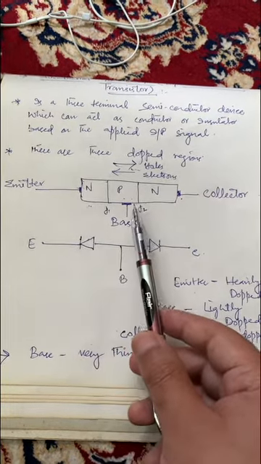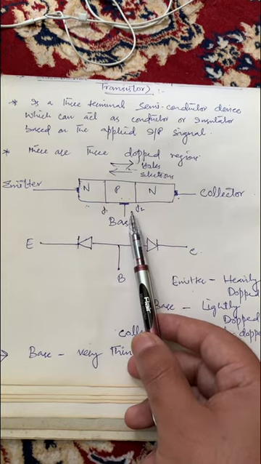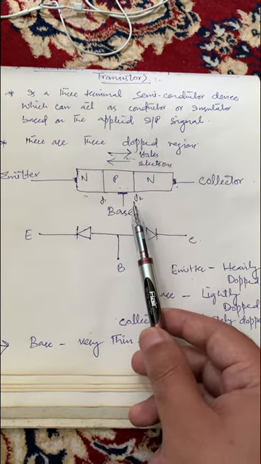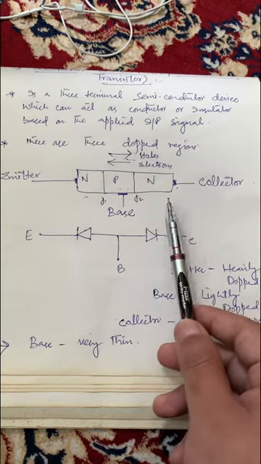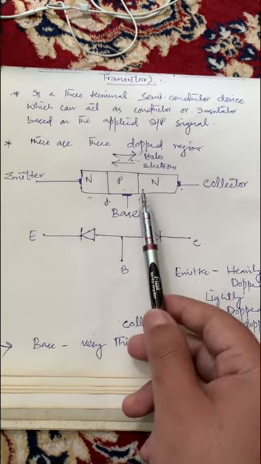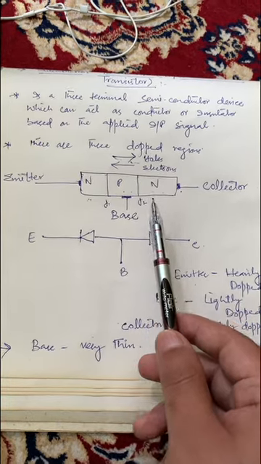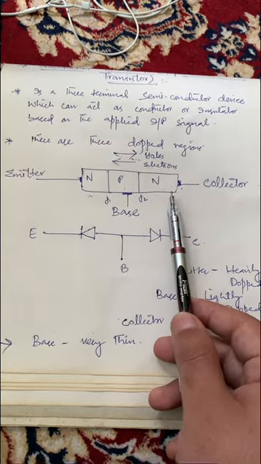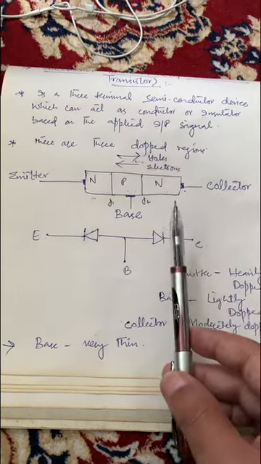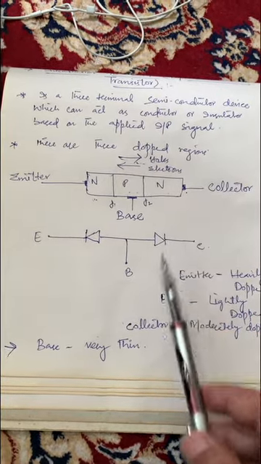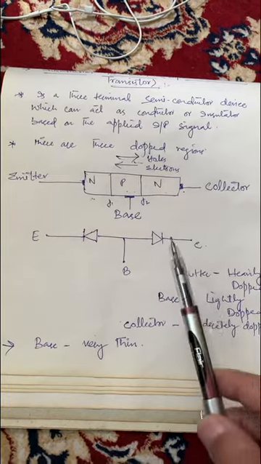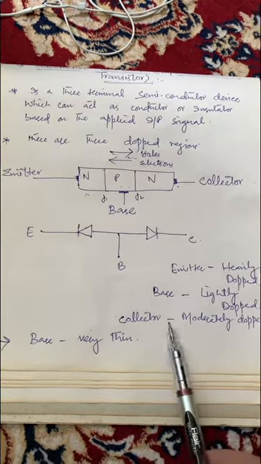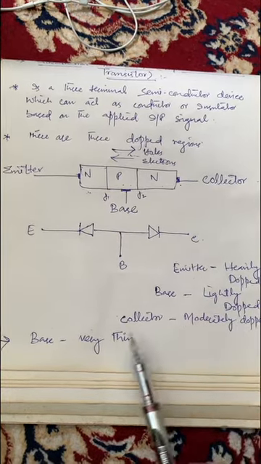In case of base, it is lightly doped, and the doping concentration of the collector is between the emitter and the base. That means collector is moderately doped. Here emitter is heavily doped, base lightly doped, and collector moderately doped.